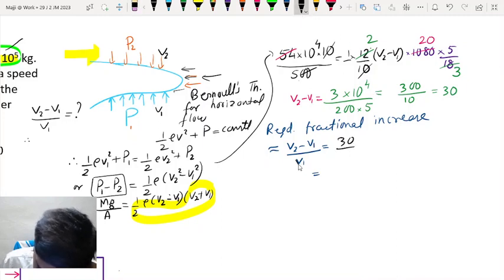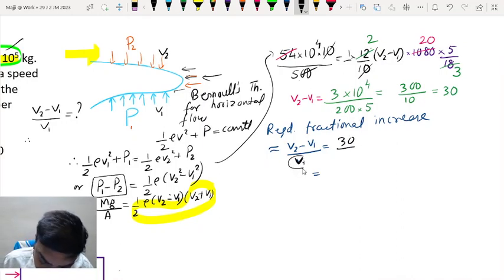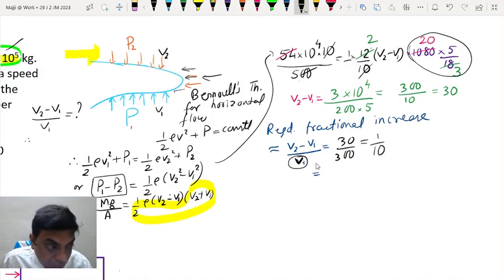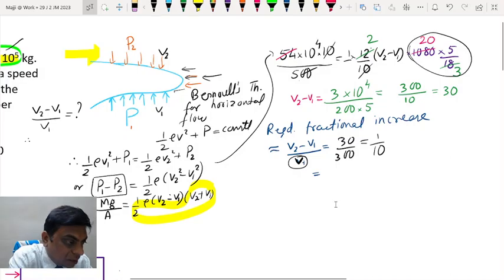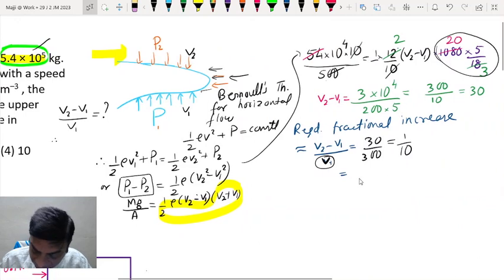Here, the speed of the air at the lower wing can be taken as equal to the speed of the aircraft itself, which is what we got. This will be 300. So this is 1 by 10. Since we have to calculate the fractional increase in speed in terms of percentage, multiplied by 100. So when you multiply 1 by 10 by 100, the required value is 10.